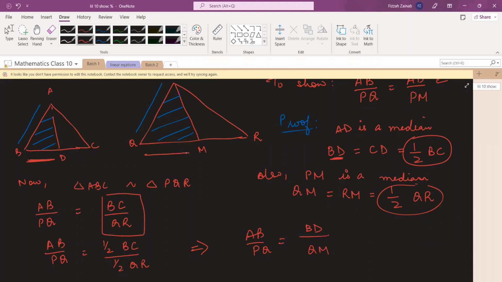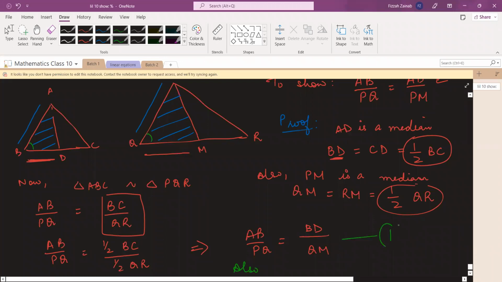So at least I need one angle, right? Again, because the full triangle is already similar, don't you think angle B will be equal to angle Q? Yeah, ma'am, it will be. Okay. So you can call this your result number 1.